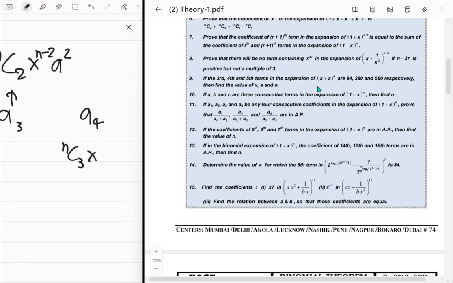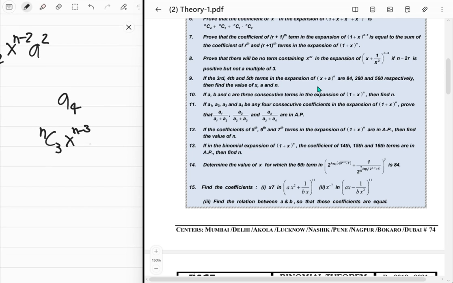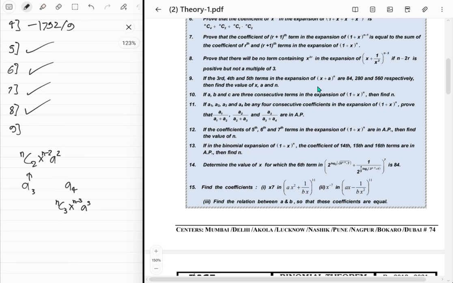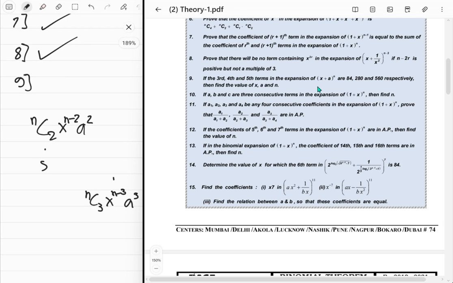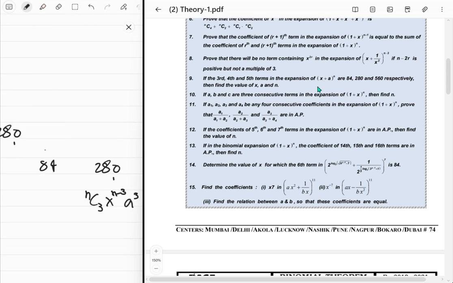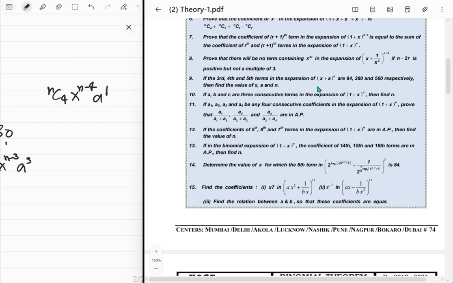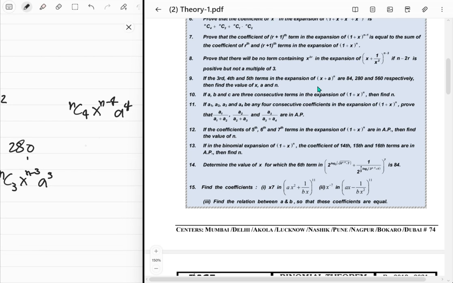Then you got x power n minus 3 and a power 3. And yeah, we already know what this is, right? So this was 84. This was 280. And then finally, you just got nC4, x power n minus 4, a power 4. That thing is just 560, right? So now we want to find what x, a, and n is.